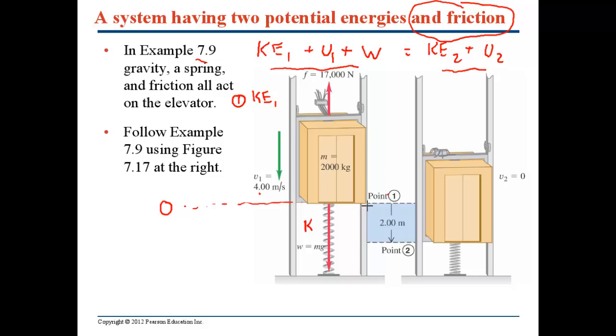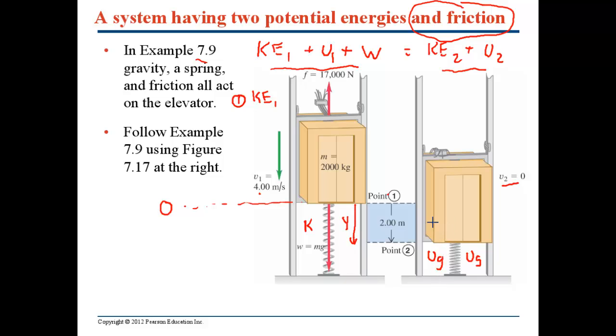Now if I consider a little bit later where I've traveled down some distance y, I've compressed the spring, but I'm no longer moving. At point number 2, I'm going to obviously have some spring energy, and I'm also no longer at my 0 point, so I'm going to have some gravitational potential energy as well.